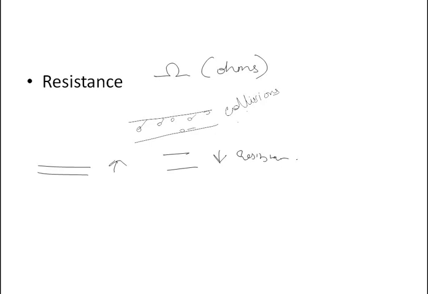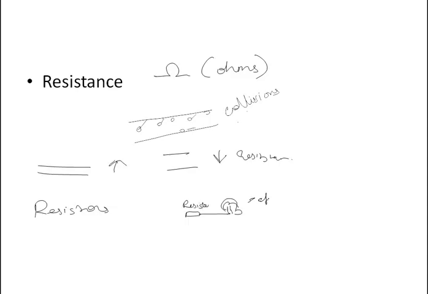Okay. Now resistors, we know what resistors are. Resistors are the components which are used to protect devices or components from the excess flow of electrons. Okay. Suppose this is a resistor.